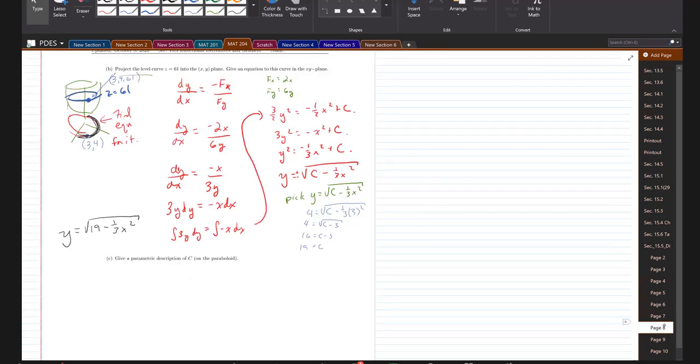Okay, so now we're asked to give a parameterization of this paraboloid here. We'll pick x is equal to t, then y would be equal to the square root of 19 minus 1/3 t squared.